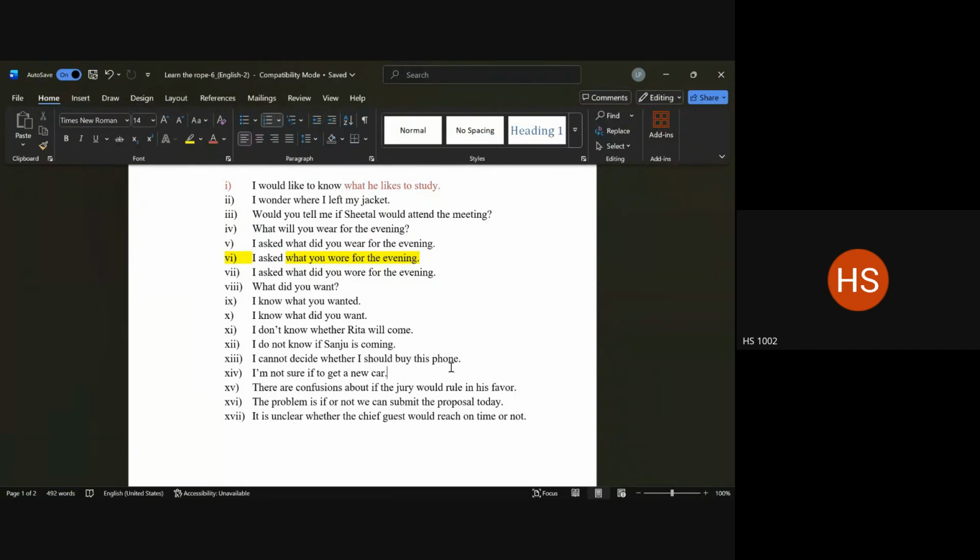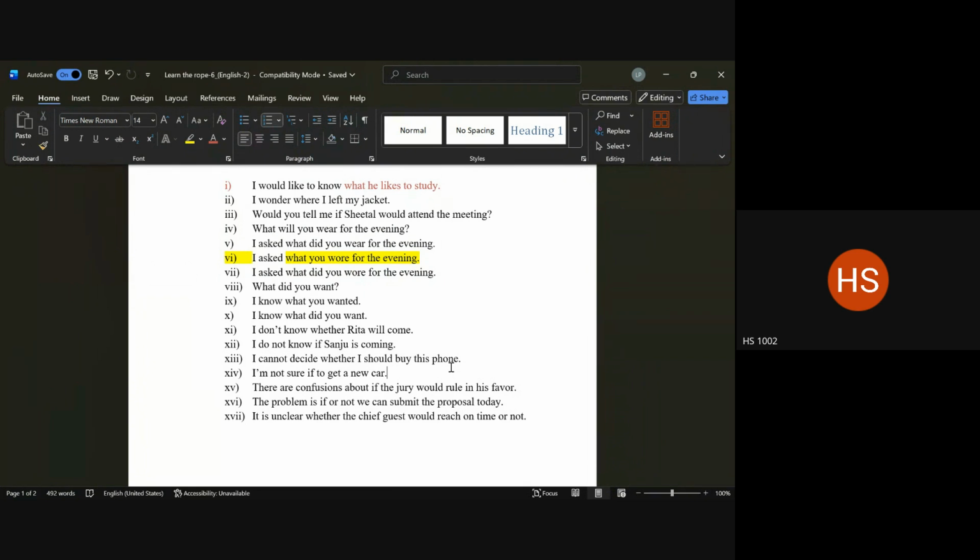Is Rita will come a complete sentence that makes full sense? Yes, right? So if after whether and if it is followed by a complete sentence, then it's a grammatical sentence.